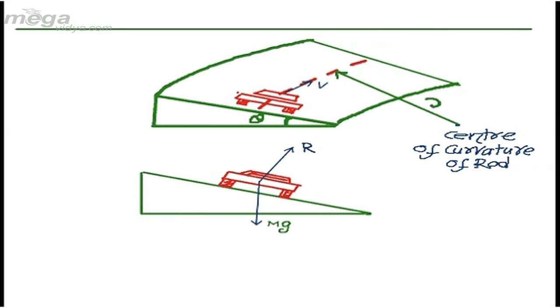If we take a reference frame at the car itself, taking origin at the center of gravity of the car, obviously as the car is turning on a circular track, the reference frame chosen by us will be a non-inertial reference frame with acceleration v square by r.